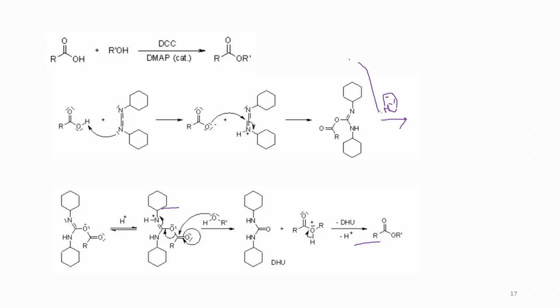So the DMAP nitrogen will attack the center, removing this from the system, generating this imine intermediate, where the nitrogen is positively charged. Because of that, it acts as a very good leaving group.